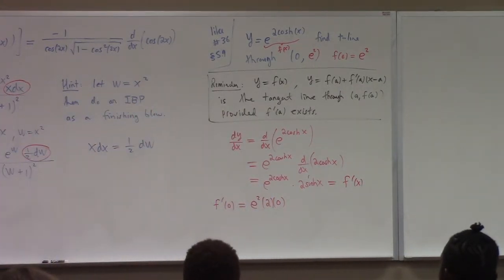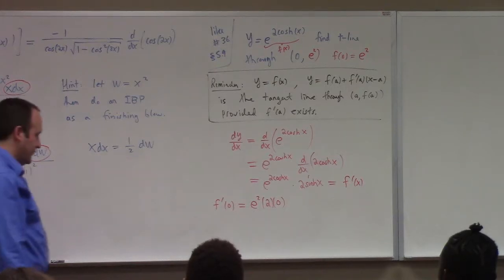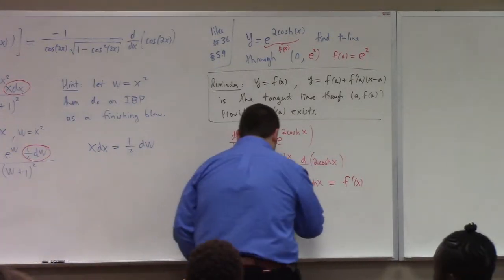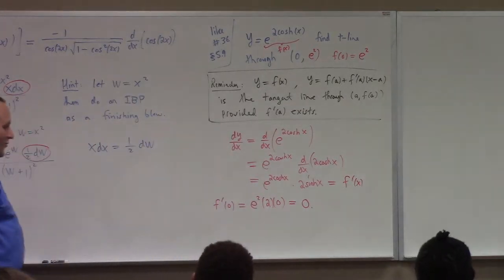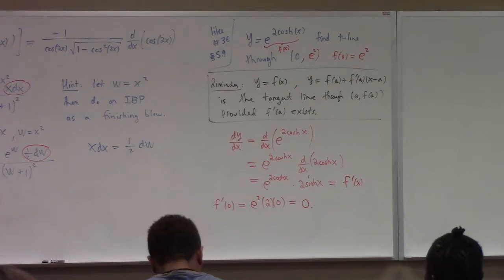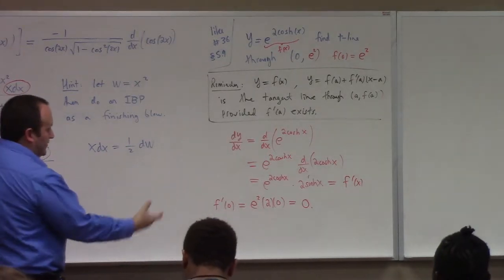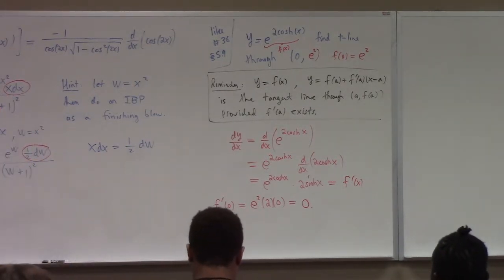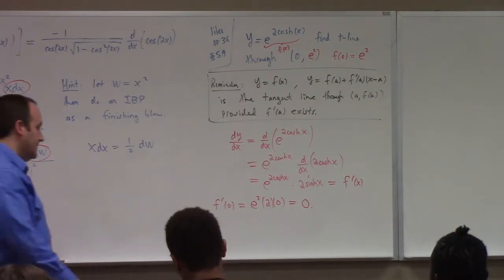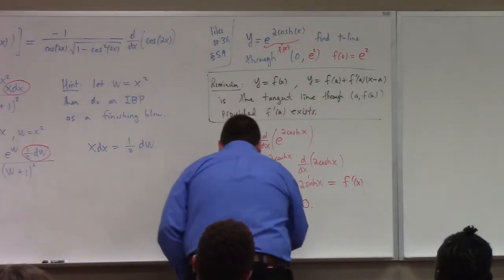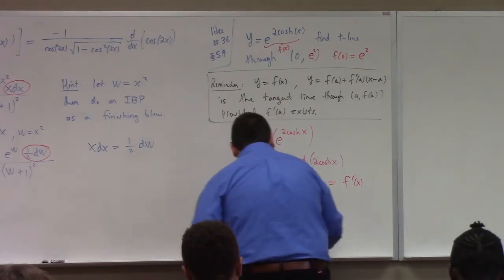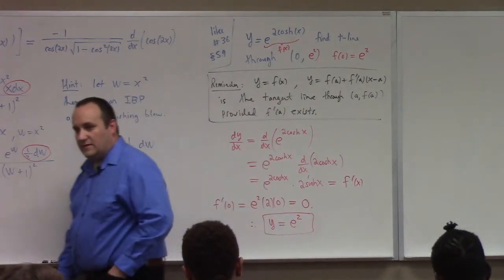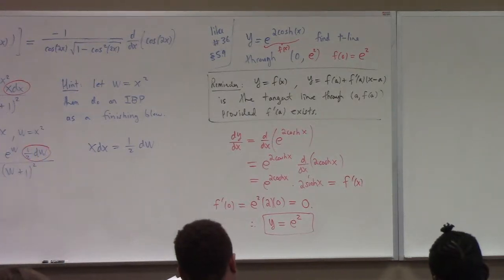We should know sinh of 0 is 0 without a lot of thinking at this point, yes? Or we could figure it out. But anyway, the derivative is 0, which means that this in fact has a horizontal tangent line. My example does, not your homework problem. And so therefore, y equals e squared is in fact the equation of the tangent line to that function at the point.